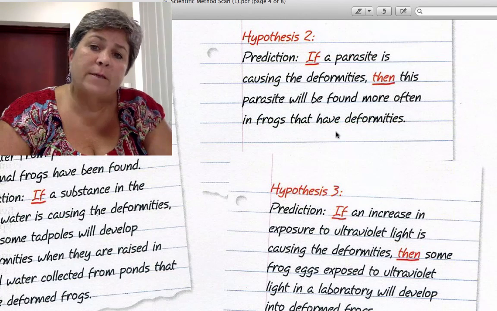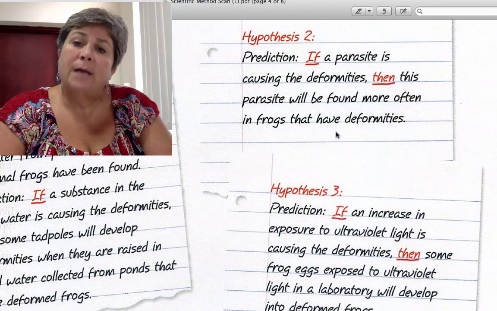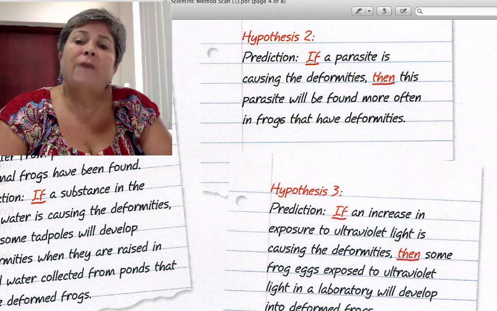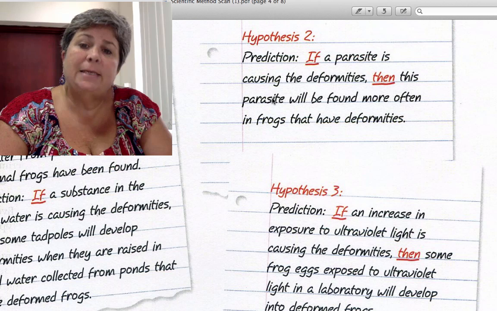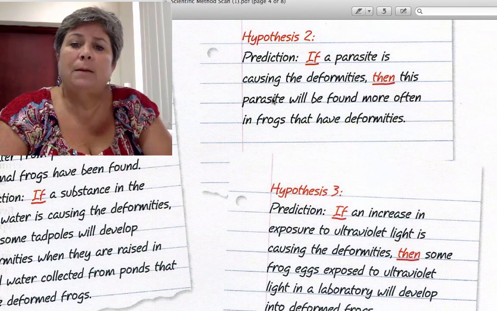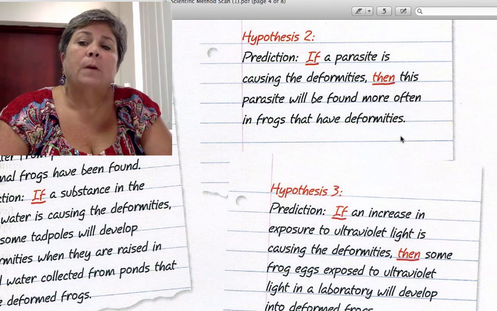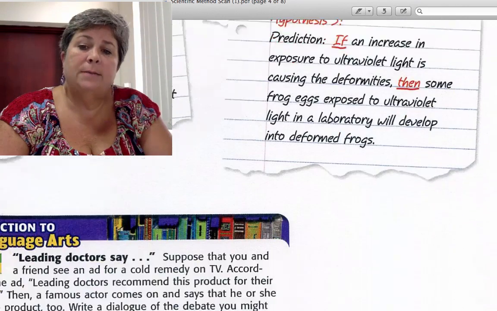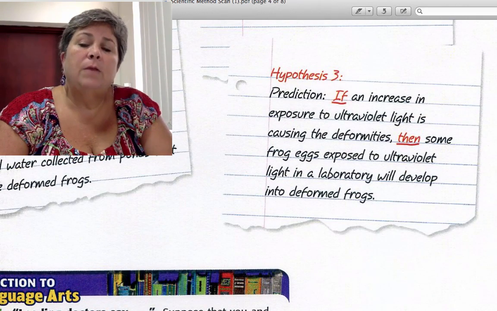They're going to be visible. So your result, or your observation, if this is true, is that you would find more parasites in deformed frogs. That's your dependent variable, having more parasites in the deformed ones.